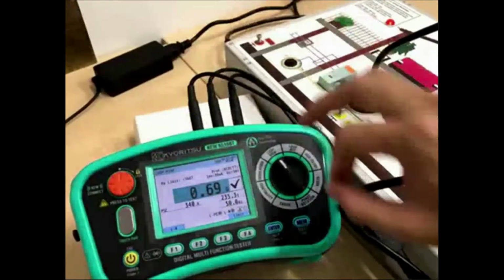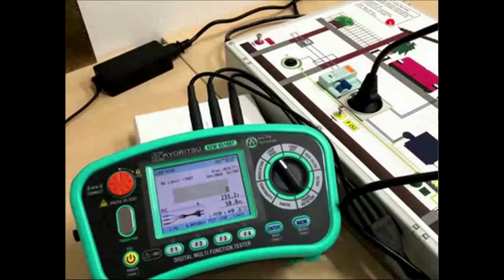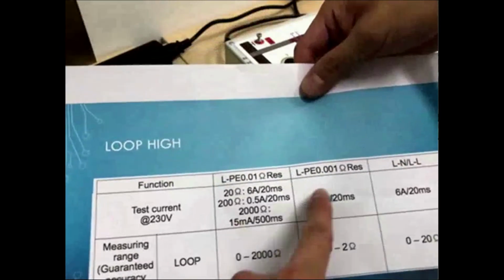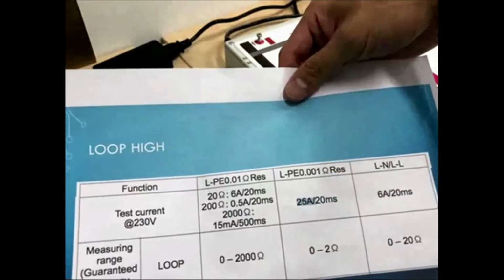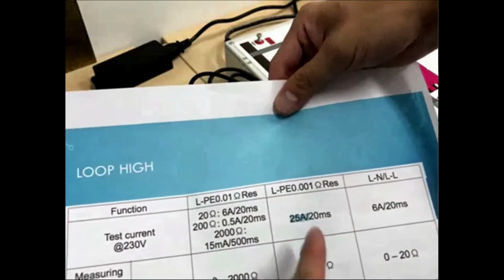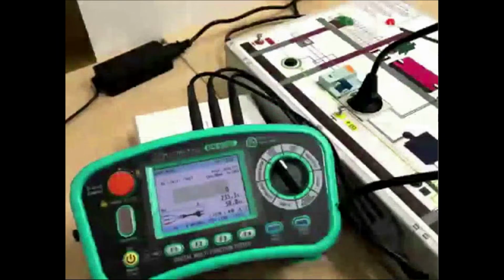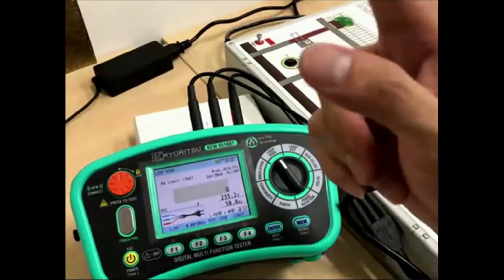Okay, understand? Now we go and test the LPE. You see this table. LPE 0.00 high resolution. High resolution test, 25 mA output. This is 25 mA output. But your RCD is just 30 milliamp, rated 30 milliamp.